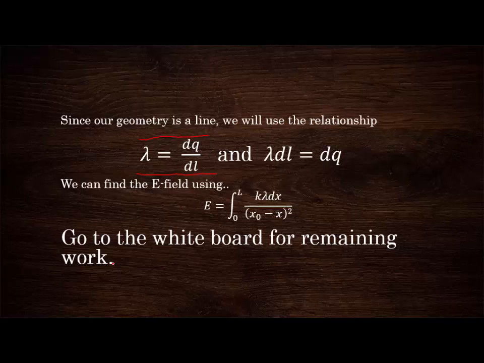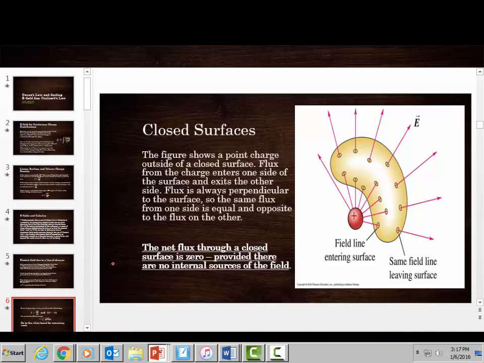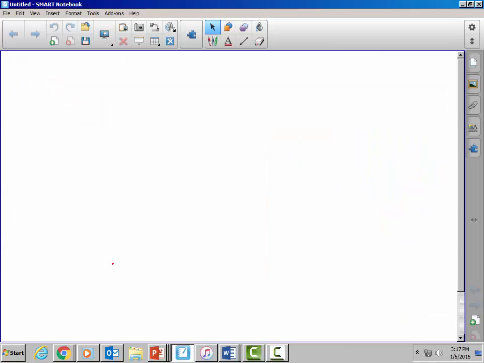I have a little note that says to go to the whiteboard, so that means I need more room. So let's take a look here. We know linear charge density. My computer is lagging. We know that our linear charge density, lambda, is equal to dq over dl.